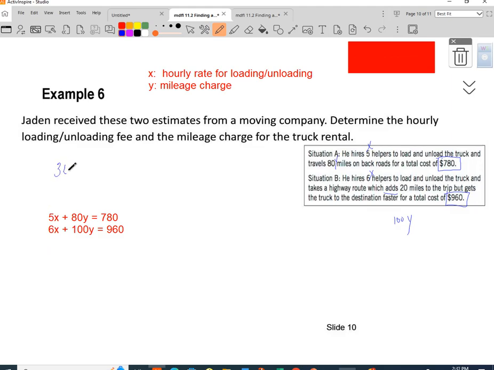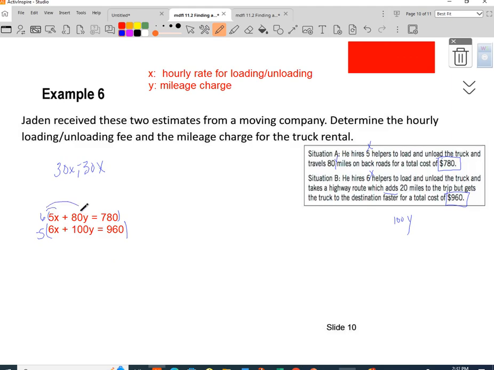So if I could find something to multiply one by to get 30x and one by to get negative 30x, that's what I want to do. And of course I can do that. So 5 times 6 is 30x, and 6 times negative 5 is negative 30x.